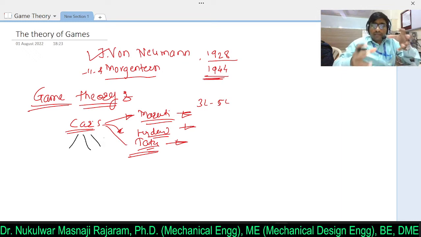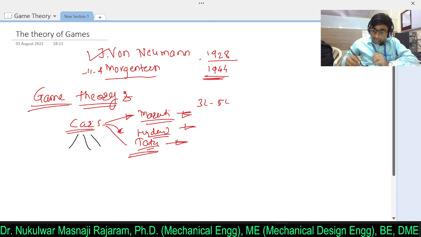So when they want to manufacture, how do they get to the decision? As a manager, I want to take one decision: how much quantity of the car we must manufacture.